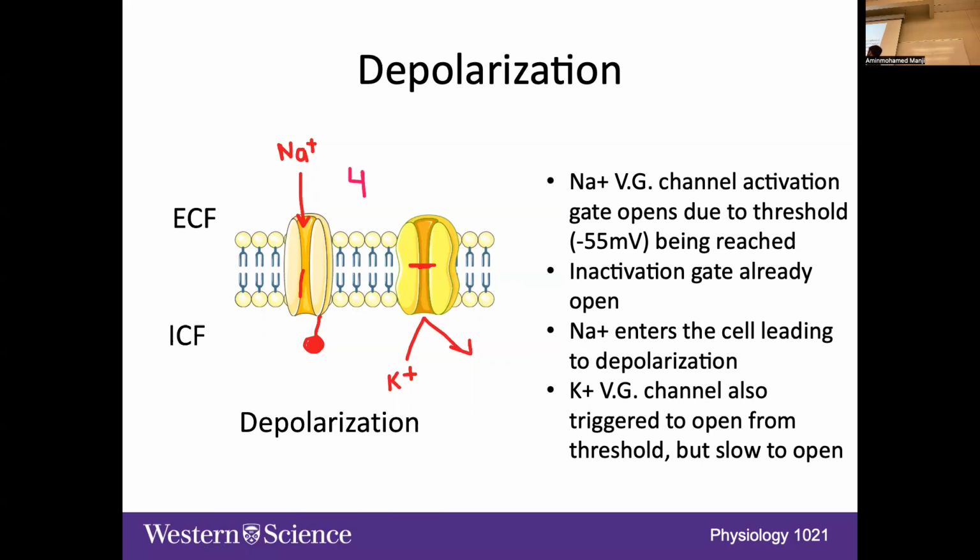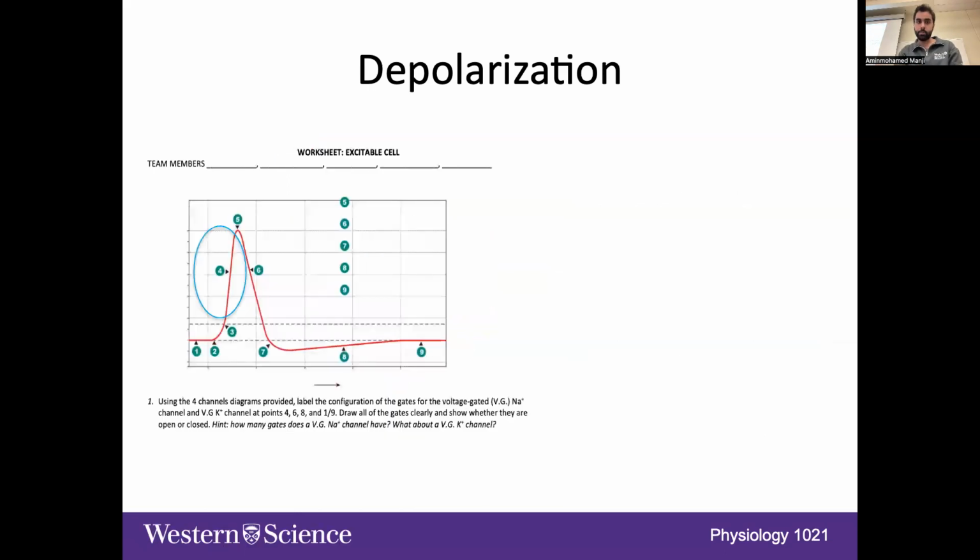Okay, but here's the key thing here. They are slow to open. Okay, so they are triggered by minus 55 millivolts, just like the voltage on the sodium voltage gated channel, but they are slow to open. So during this phase, go back to depolarization here. During this phase, a ton of sodium is flooding in and no potassium is leaving out. A lot of positive charge accumulating inside of the cell, and look at that. The voltage skyrockets. Right? That is what depolarization is all about. What is the next phase called after depolarization?